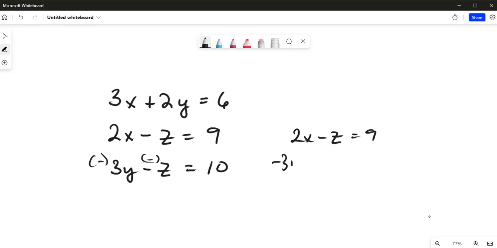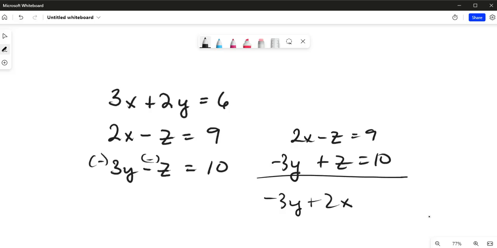So it's negative 3y plus z equals 10. So is this what you got? So negative 3y plus 2x.